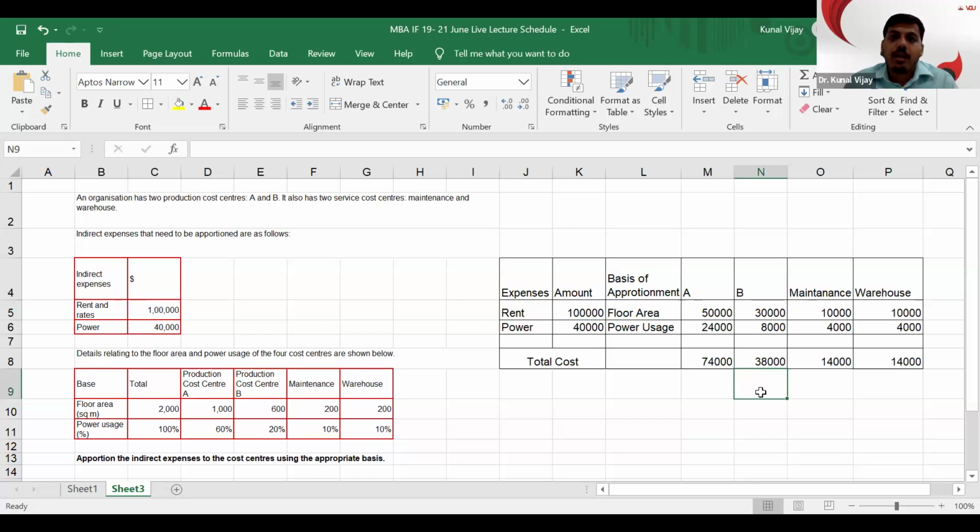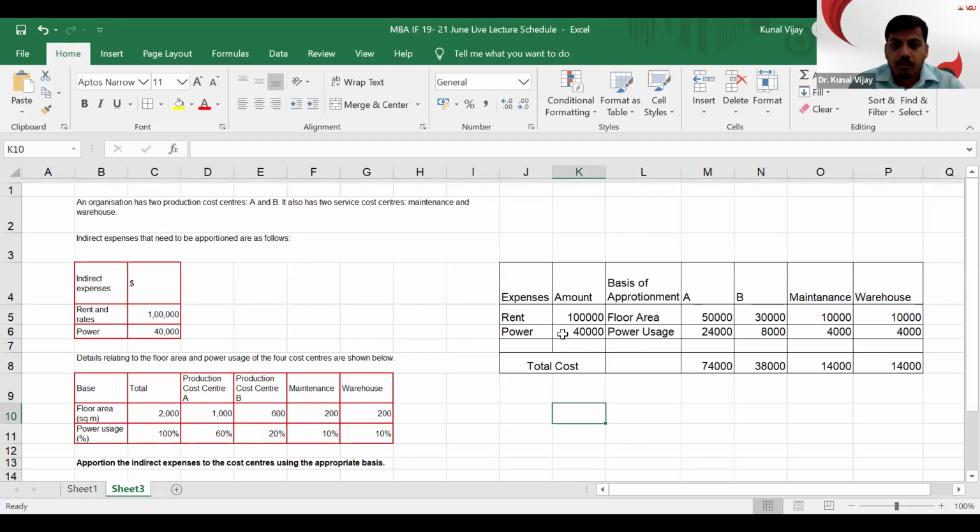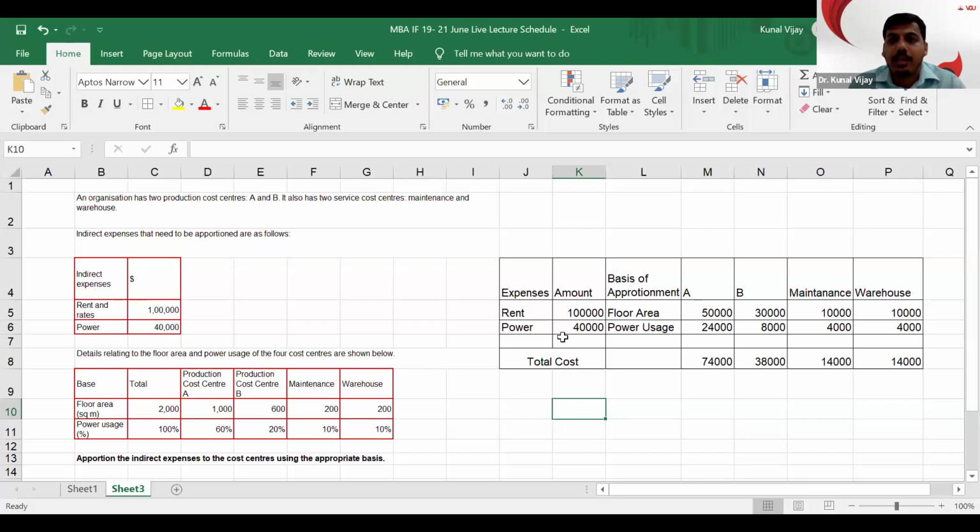So you will have to check what you have taken as the basis of apportionment. This is how we can easily apportion our overhead. Please go through that. If you have any problem, just let me know.